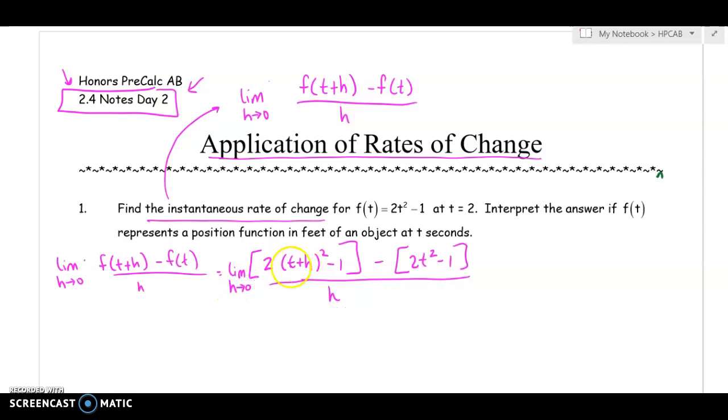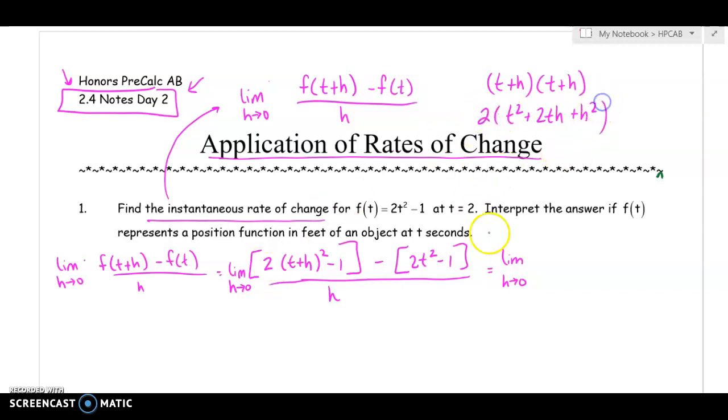So what we're going to do is distribute or multiply the t plus h quantity squared out. You're going to have the limit as h approaches 0 of, if you do t plus h quantity squared, you're going to get t squared plus 2th plus h squared. And then we're multiplying it by 2.